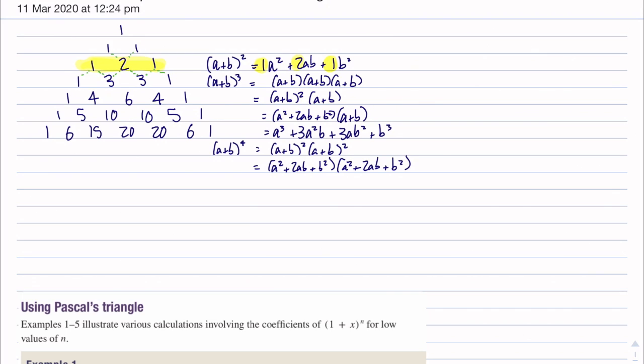Now you can expand these step by step later, but that's going to come out as a to the 4 plus 4a cubed b plus 6a squared b squared plus 4ab cubed plus b to the 4. So the coefficients again are coming from my lines here. You can tell that they're the same because that's a 1, 4, 6, 4, 1. So these rows of Pascal's triangle tell us the coefficients of our expansions.